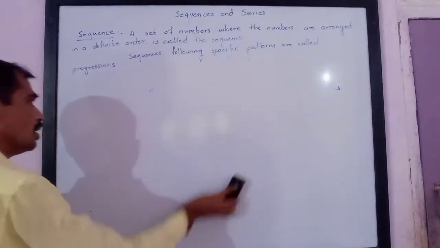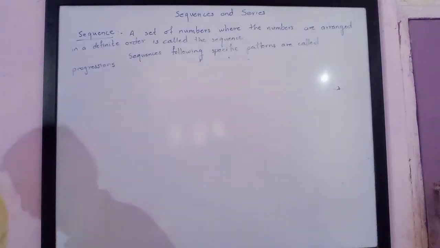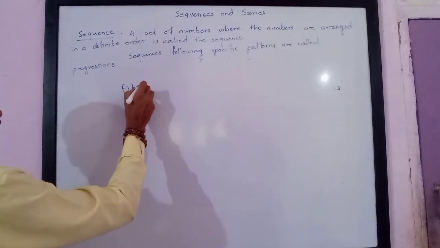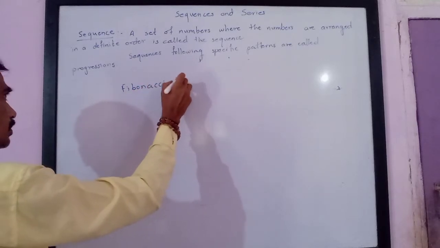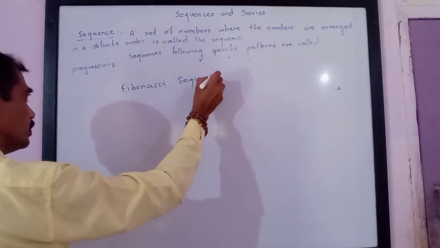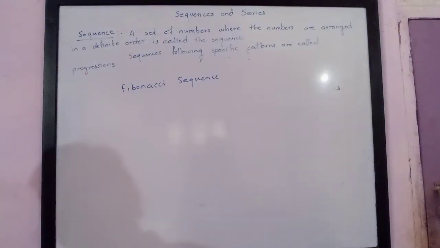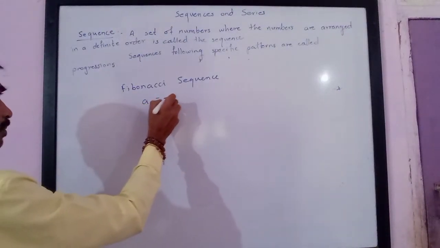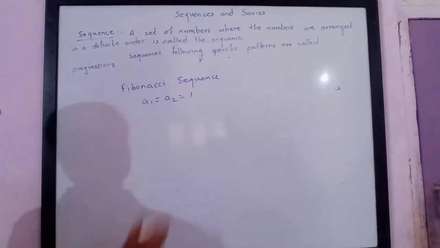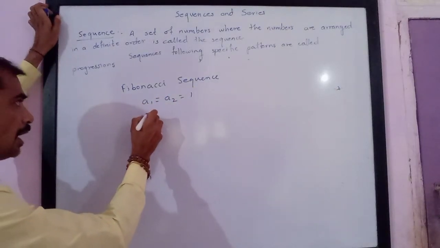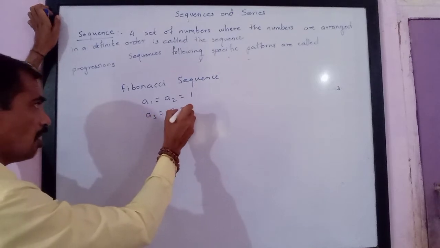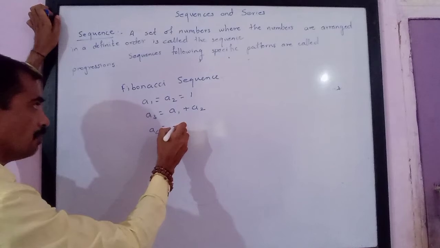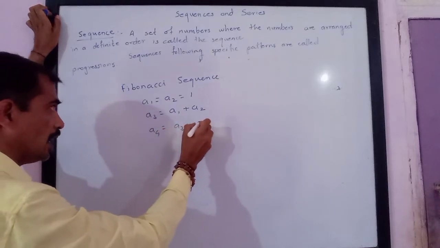See, next is an example of the Fibonacci sequence. Here, the first term and second term are equal to 1, and the third term is obtained by the summation of the earlier two terms. The fourth term is obtained by the summation of A3 and A2.